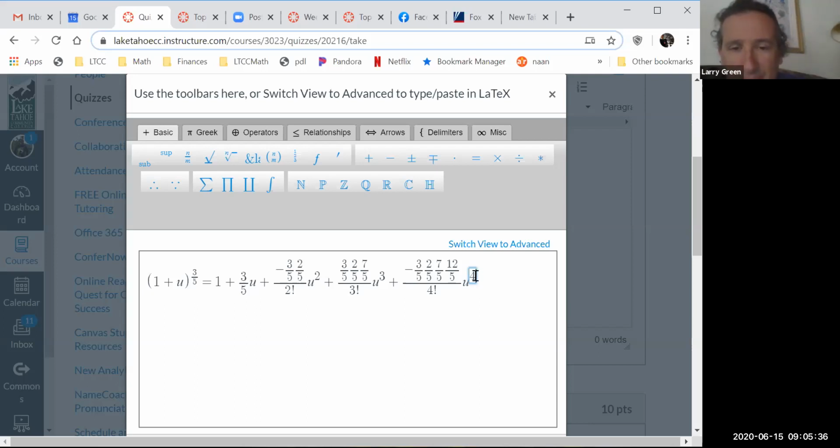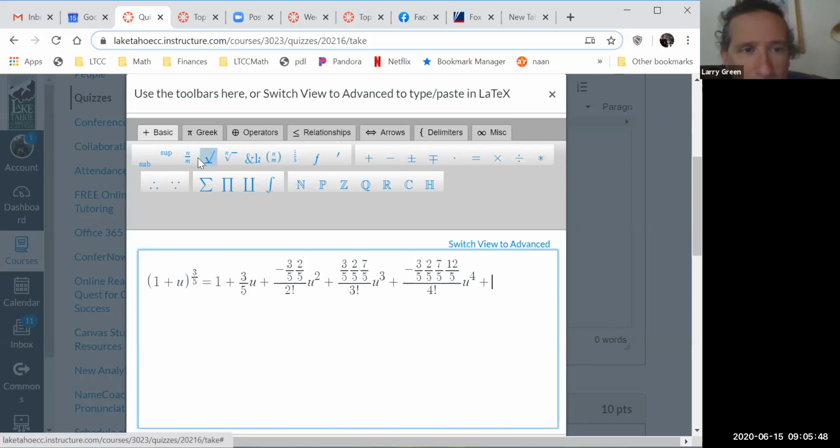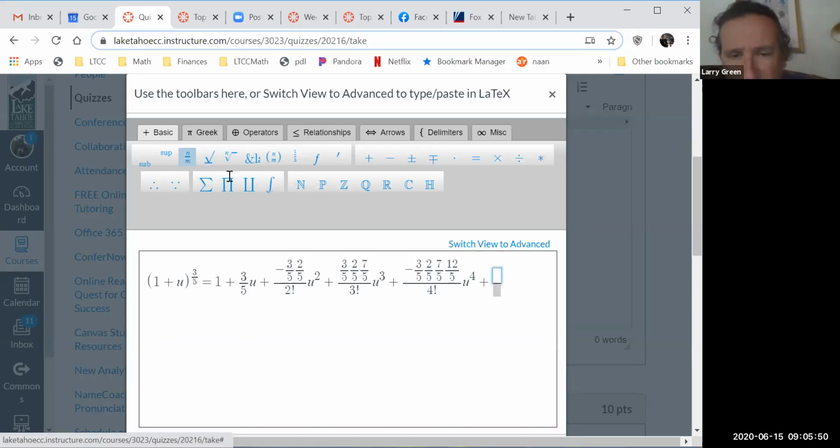So I think I'm going to do the next term, but I'm going to write it in more pattern form. So the next term is going to be plus, and then what we're going to have is the bottom now is going to be 5 to the 5th power times 5 factorial.